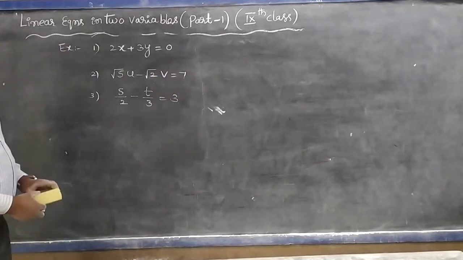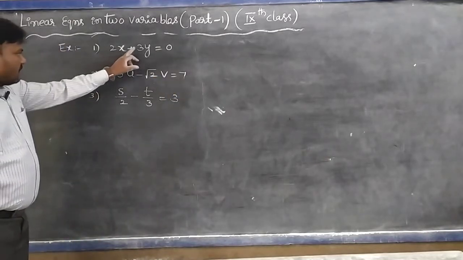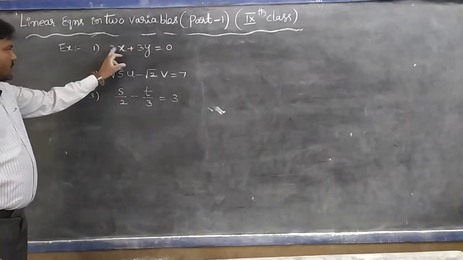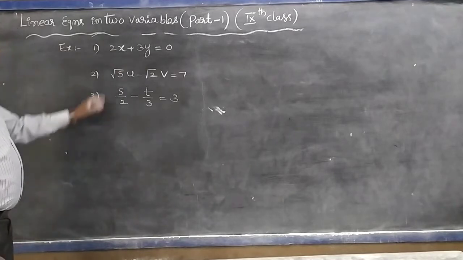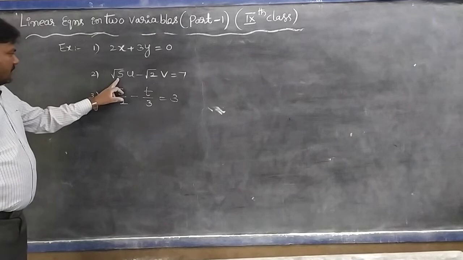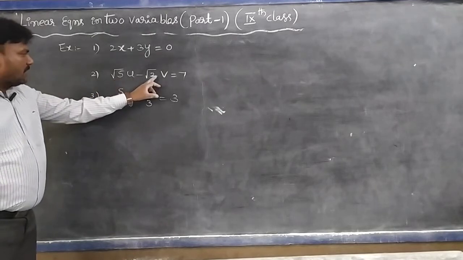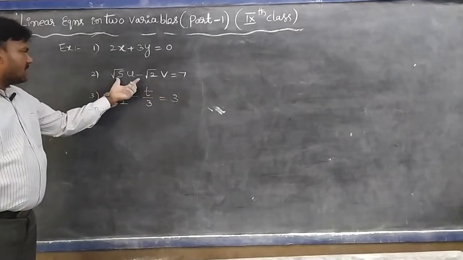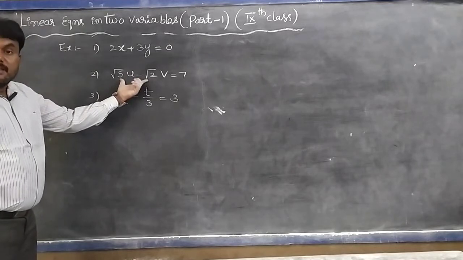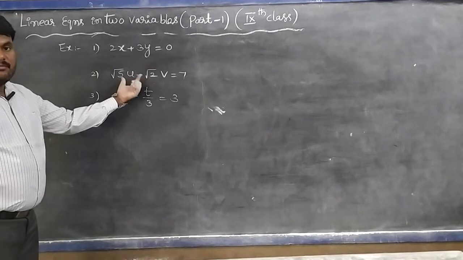Observe this. Here these are variables and these are coefficients. The x coefficient is 2, the y coefficient is 3. 2 and 3 are rational numbers. Root 5 is the coefficient of u, root 2 is the coefficient of v. These are irrational numbers, meaning they are real numbers.